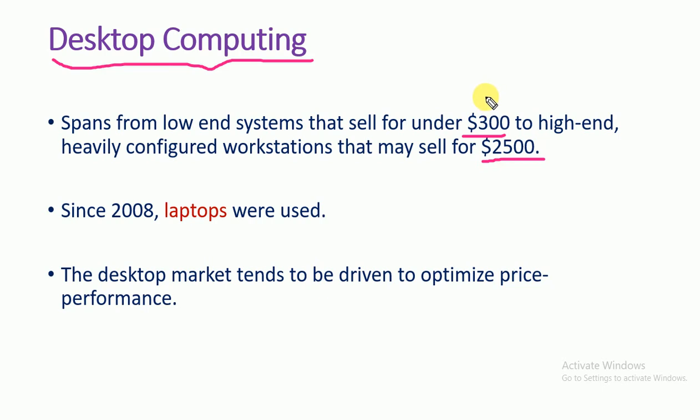So a desktop computer can be bought for only $300, and with more capability. A laptop is not equivalent to a desktop computer, but it can be equated, because both are used in the same way; the only difference is that we can carry the laptop.